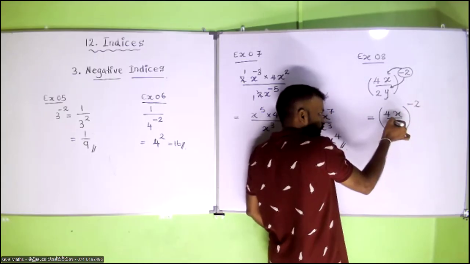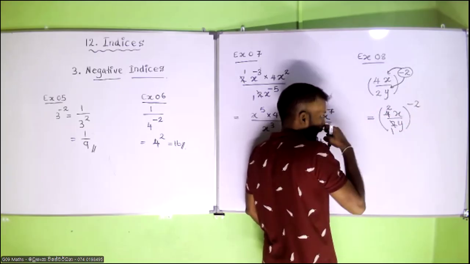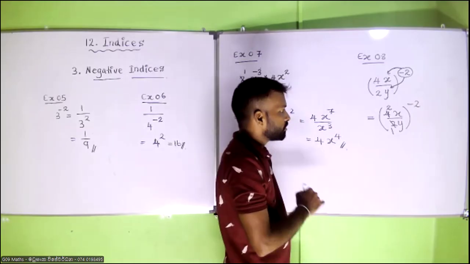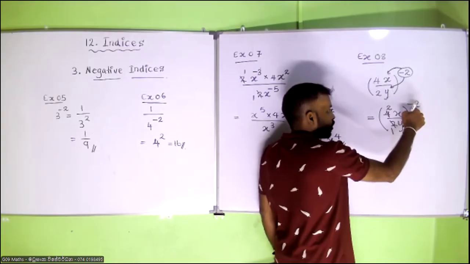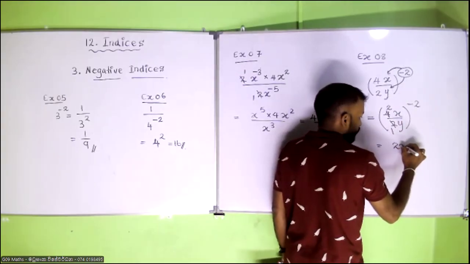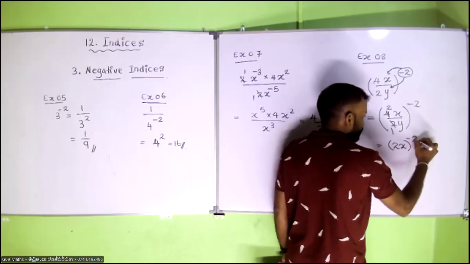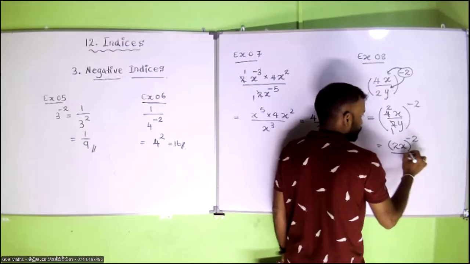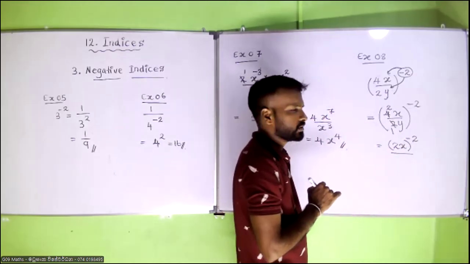Before that, you can simplify 2 times 1, 2 times 2. Now, 2x in the numerator, the common power is minus 2. So that you can write 2x whole thing to the power minus 2, divided by, here you have 1 times y. 1 times y means y.